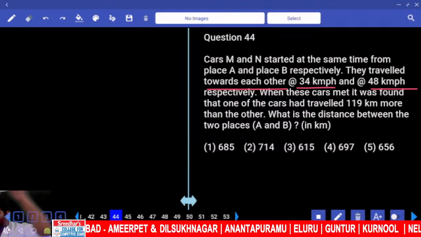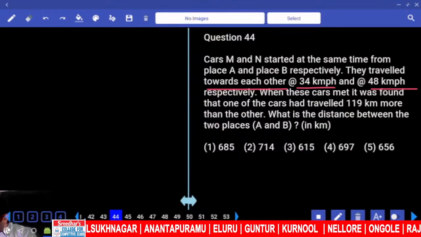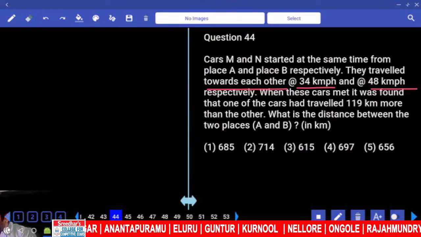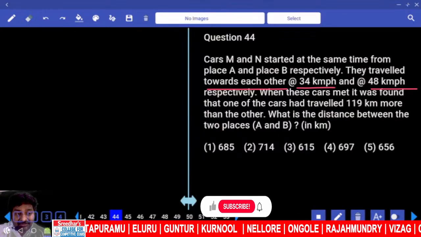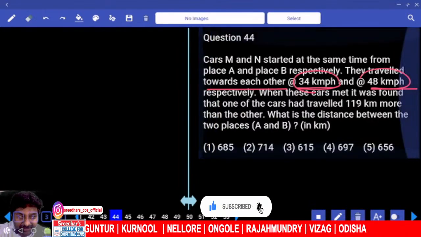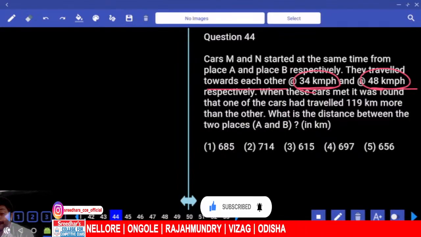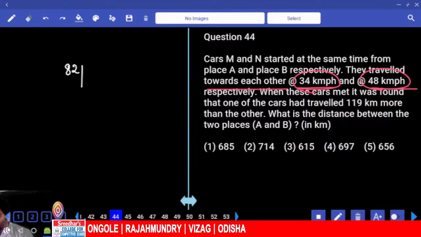They are in continuous journey. So time is constant. When the time is constant, speed and distance are directly proportional. The distance covered by the first one is 34 parts. Distance covered by the second one is 48 parts. Total distance covered is 82 parts.